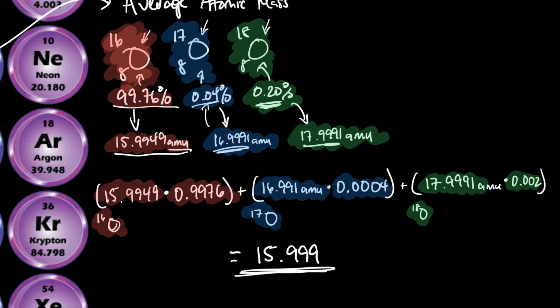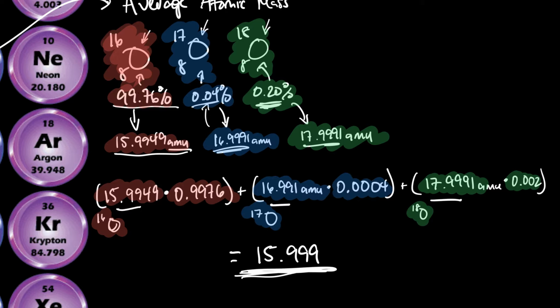But now when you look at this number, you could actually figure out which isotope is the most abundant. So think about it. This is 15.999. We have an isotope that's 15.99 here, an isotope that's 16.99 here, and an isotope that's 17.99.